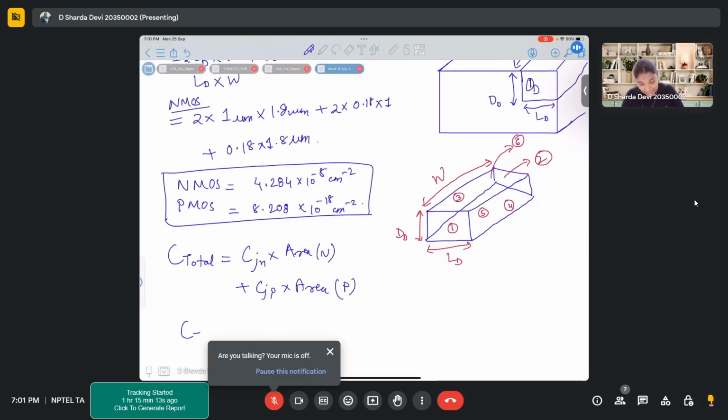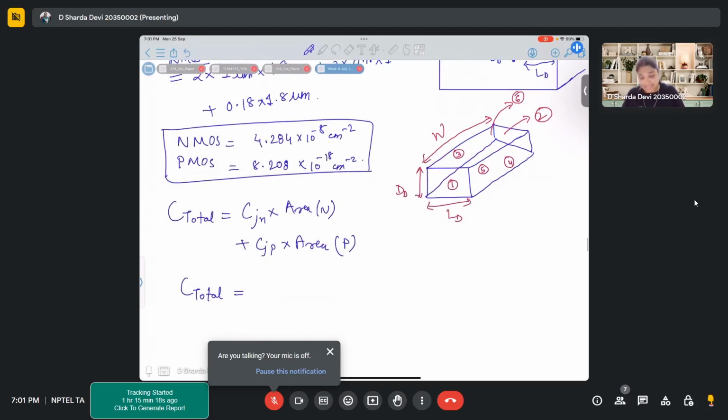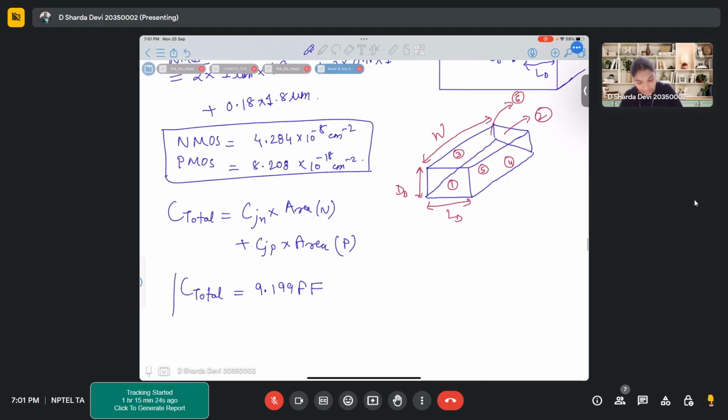So the final capacitance that we get after calculating is 9.199 femtofarad. Femto is 10 to the power minus 15, right? So this is femtofarad.